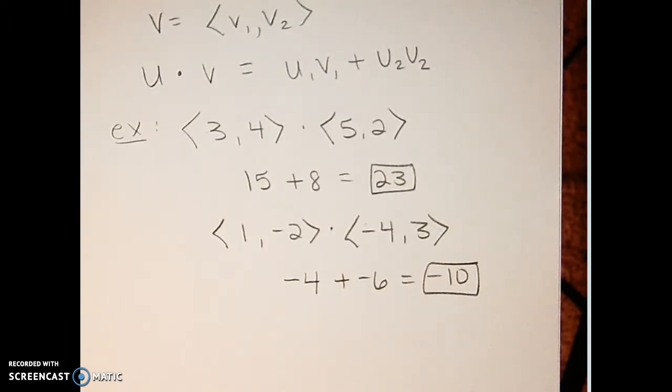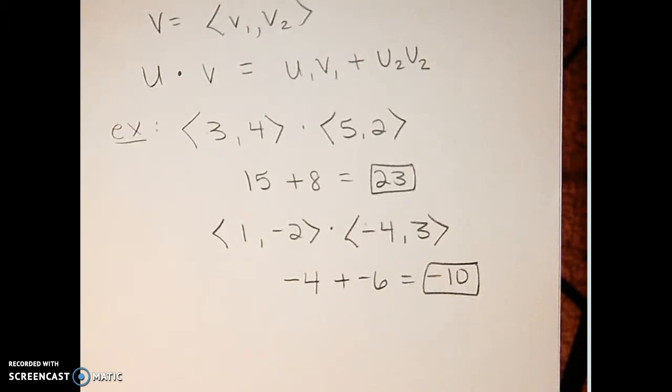Things that you should know about the dot product are that it has lots of properties. It is commutative, which means u times v is still v times u. U times u would be the magnitude squared. 0 times u is still 0, the 0 vector.